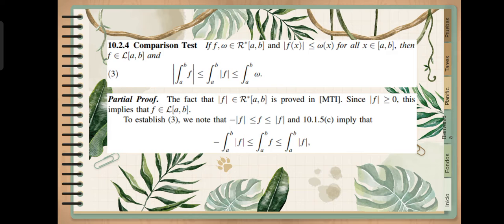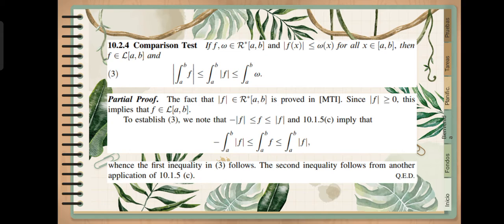To establish equation 3, we note that f is greater than or equal to negative absolute value of f but less than or equal to absolute value of f, and 10.1.5c implies that the integral from a to b of f is greater than or equal to negative the integral from a to b of absolute value of f but less than or equal to the integral from a to b of the absolute value of f. Whence the first inequality in equation 3 follows; the second inequality follows from another application of 10.1.5. QED.